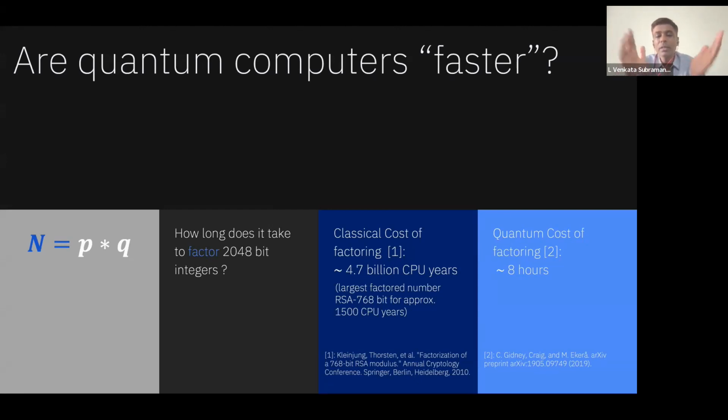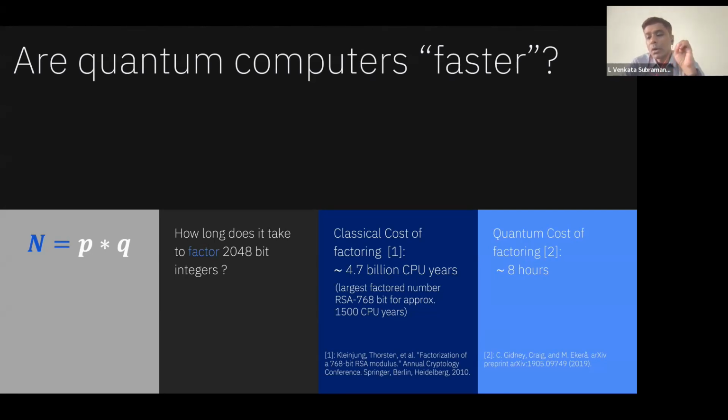A lot of the cryptography online, whether it is bank transactions, or encrypting the data that you're storing or transmitting, is based on the fact that classical computers cannot do factorization fast enough. That's the whole basis for cryptography today.